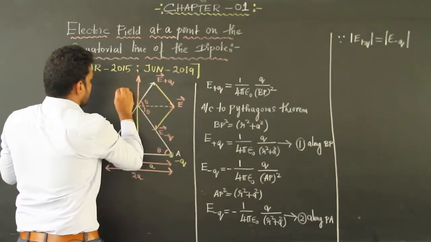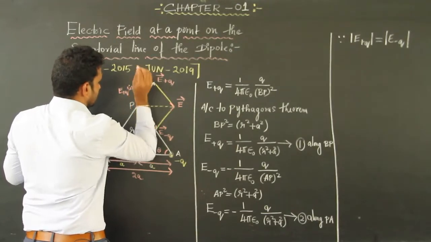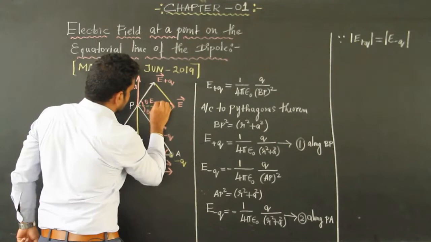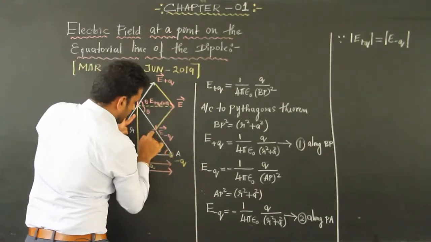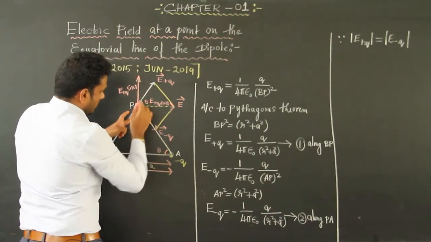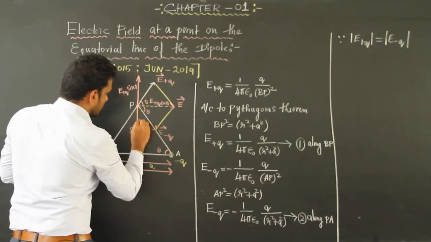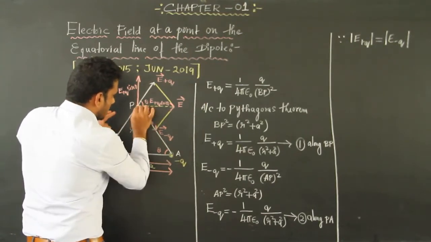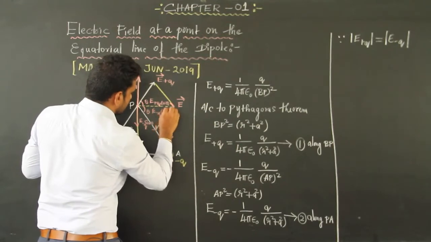The vertical component becomes E plus Q sin theta and the horizontal component becomes E plus Q cos theta. Similarly, the E minus Q vector is resolved into two components: along vertical, E minus Q sin theta, along horizontal, E minus Q cos theta.